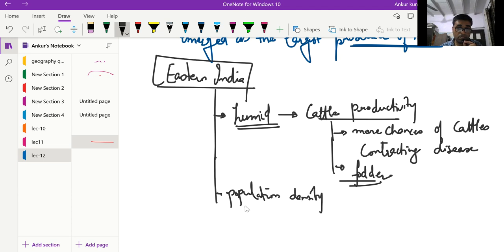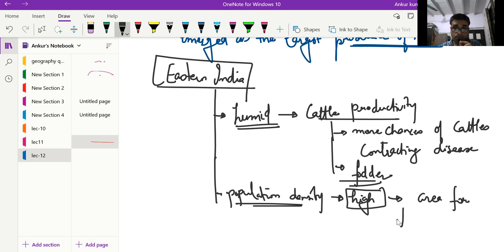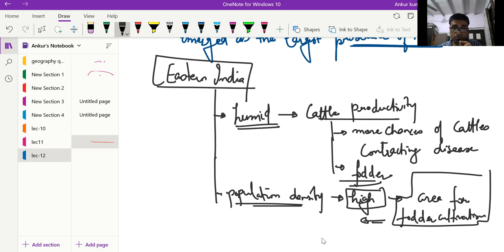The second reason was population density. The population density in the eastern region is high, and because of the high population density, the area for fodder cultivation could not be provided. This also led to a big problem of fodder cultivation in Eastern India.